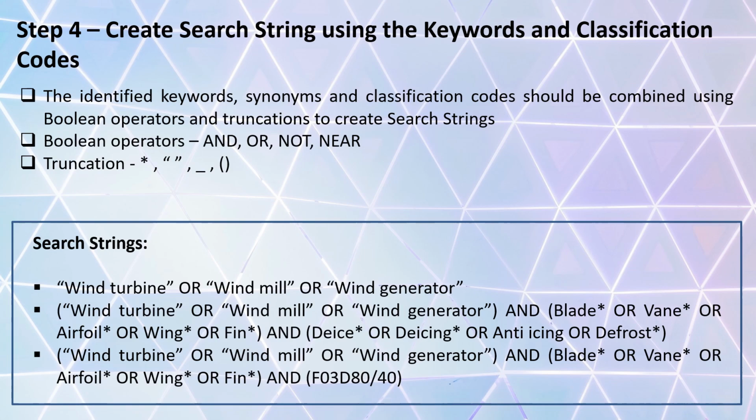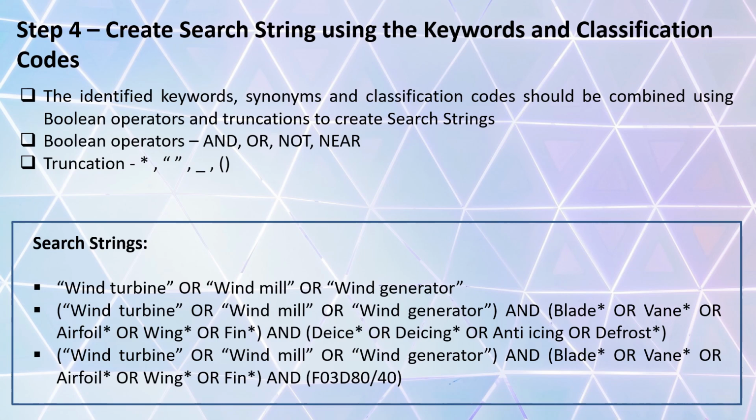Similarly, in the second one, apart from the search string already used in the first point, there is also blade or vane or airfoil, as well as de-icing, anti-icing, defrost. These are also used by using the AND operator.